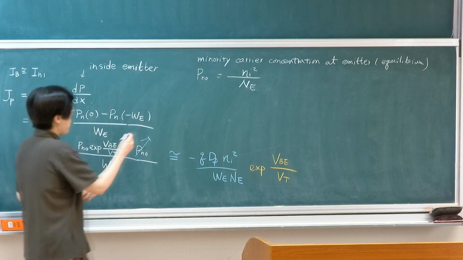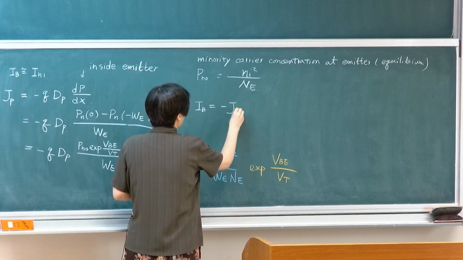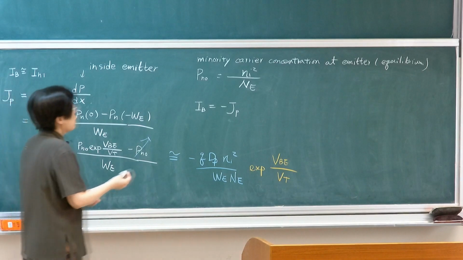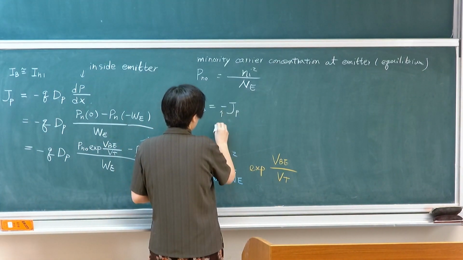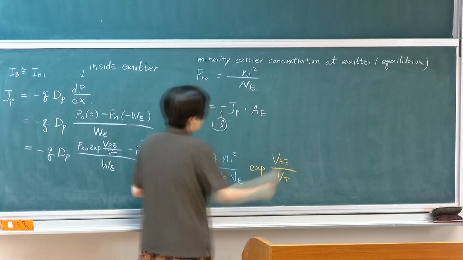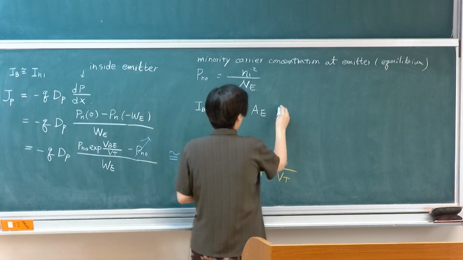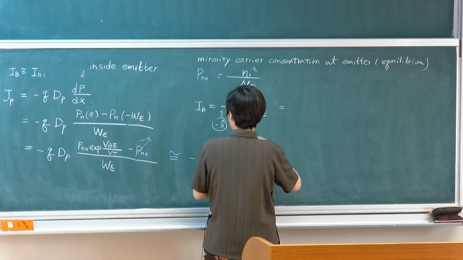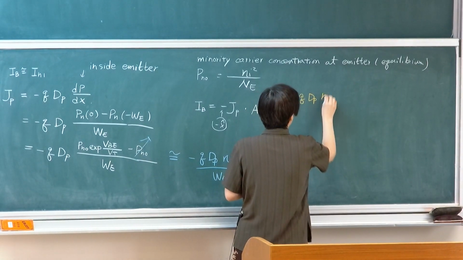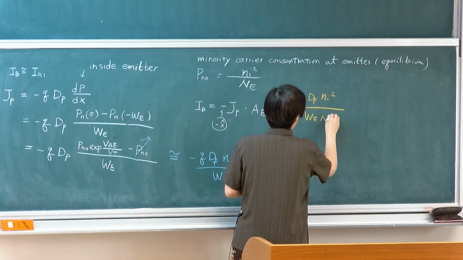So finally, I can get my base current. The base current will have the minus sign simply because my current is going in the minus x direction. So this is just to take care of the minus x current direction, times the area. The area is still the same. The active area is the emitter area. So then I would have a final current equation: Q dP Ni squared over WE Ne.